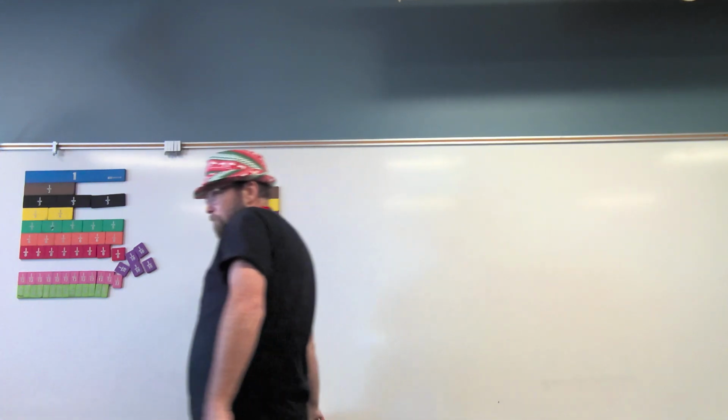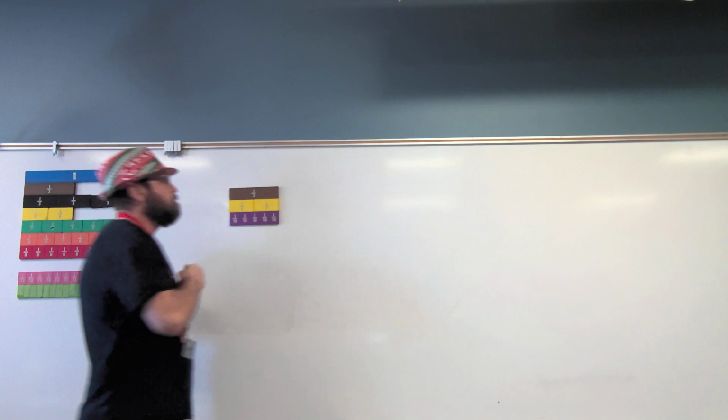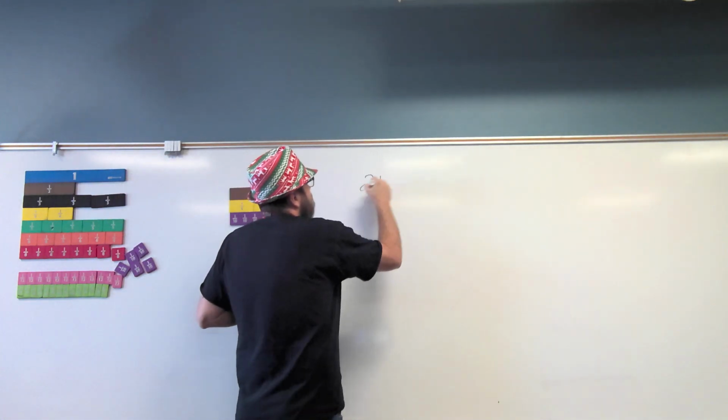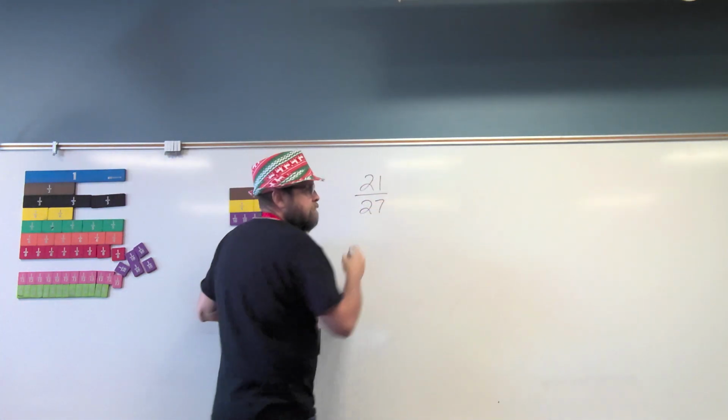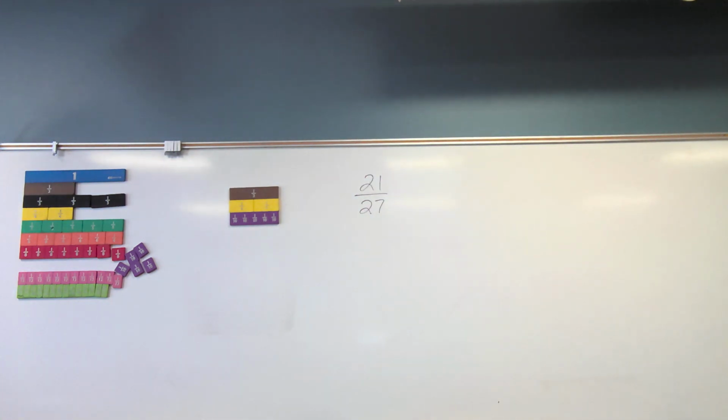All right, so let's look at another one over here. Oh, this is a good one. 21 over 27. So we have the fraction 21 over 27. Closer to 0 or closer to 1, Liam?